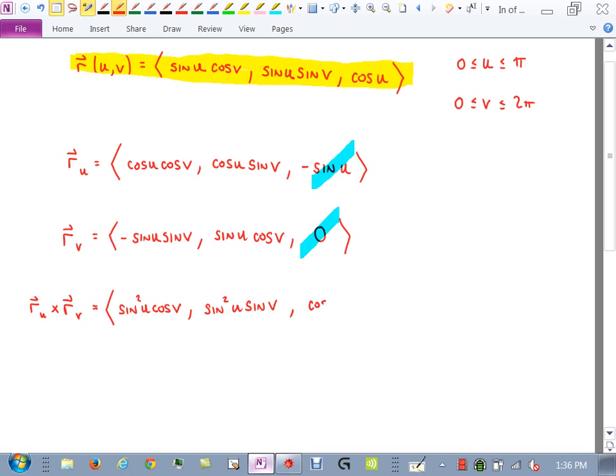So I'm going to do cosine U sine U cosine squared V, minus, but then it's going to become plus, because one of those is negative. And then what? Sine squared V, and then cosine U sine squared V.